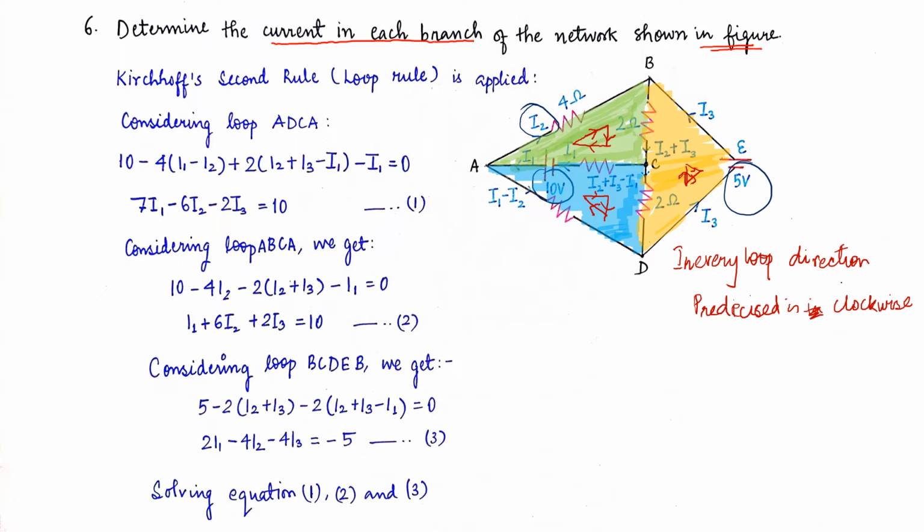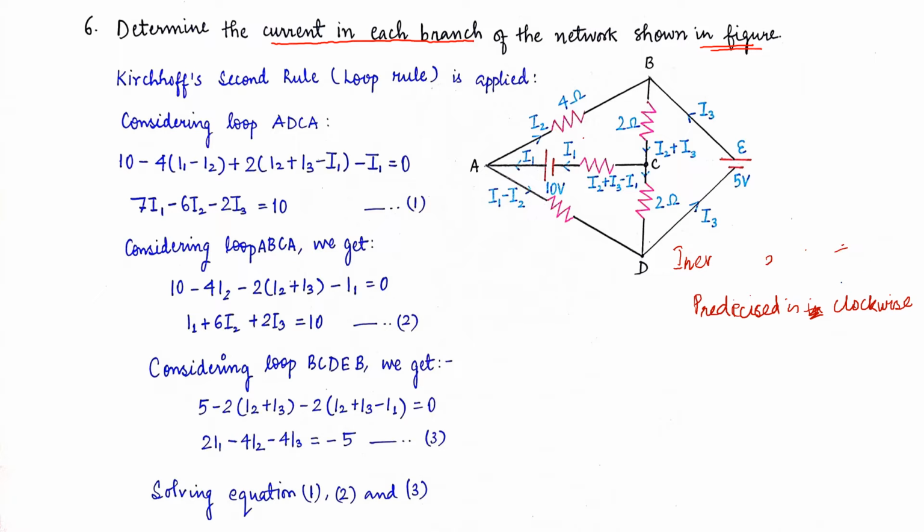Now I'll clear up the diagram so that we can see the values for the current and for the resistance. Here again there is an application of Ohm's law. What is Ohm's law?